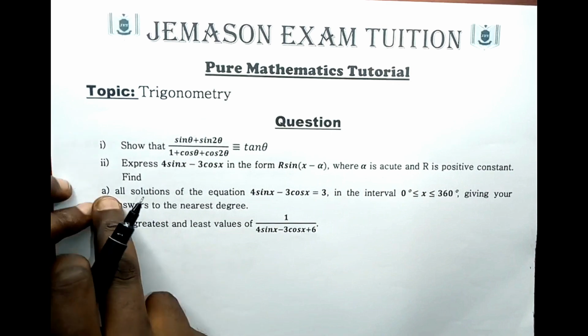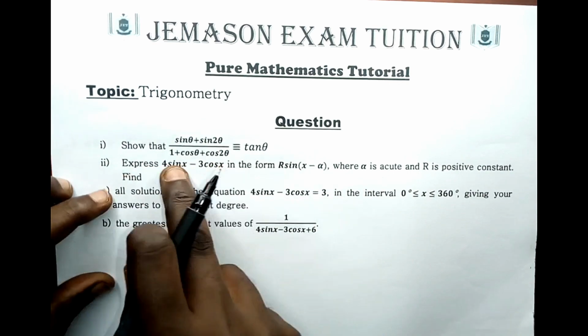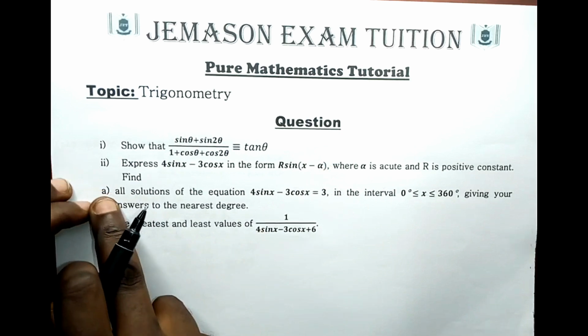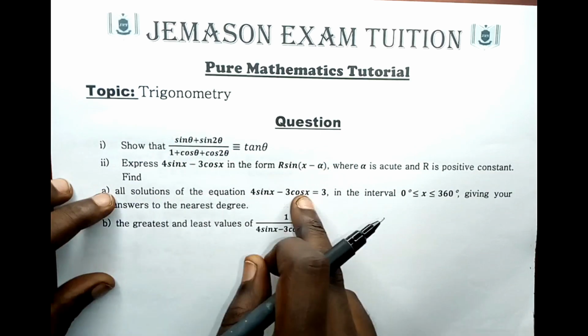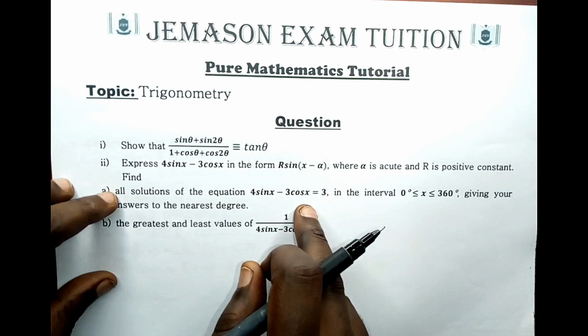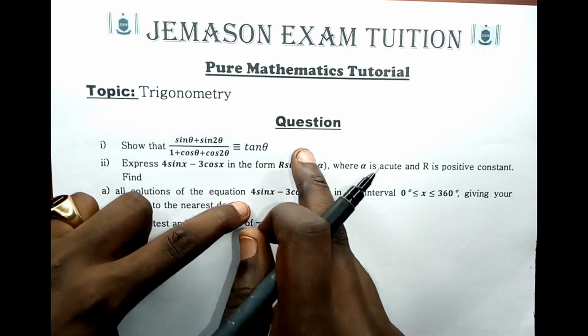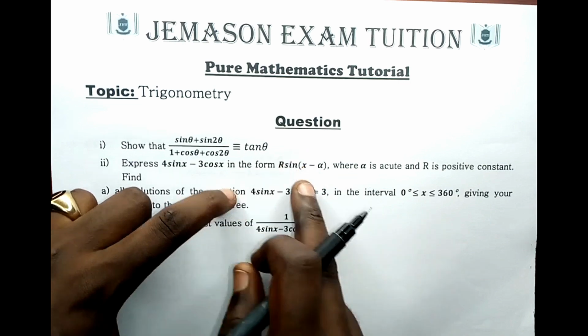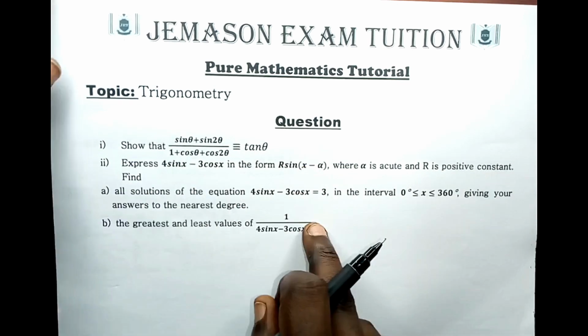So that answers the first part; we have expressed it in the form that they wanted. In the A part of the question, they want all solutions to this equation. So once they have done that, you would take this form and replace. It will now be easier for you to solve. You take this form and replace with this, and you'll be able now to solve.